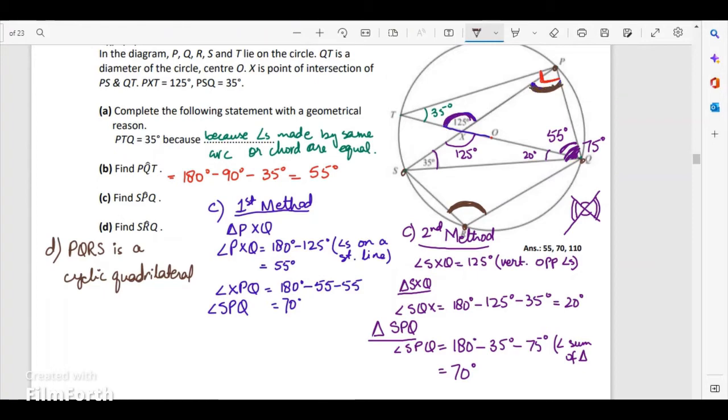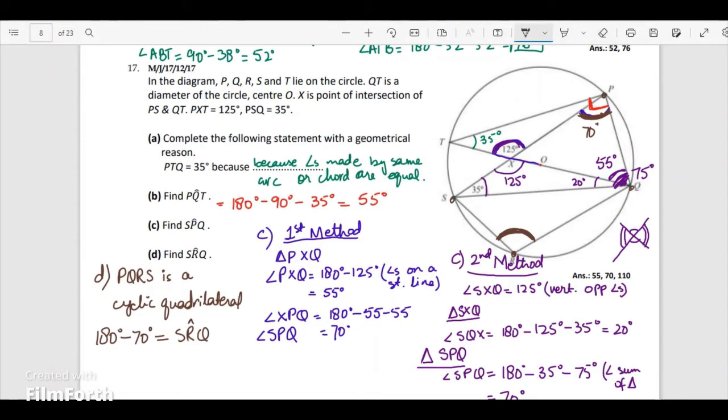And this angle right here, angle SPQ, is what we already figured out in C part. So this is 70 degrees. So that means 180 degrees minus 70 degrees would give you angle SRQ. The property that we are using is that they are opposite angles of a cyclic quadrilateral. So 180 minus 70 degrees is 110 degrees. So that's your answer of D part. And there you go. Question is complete.